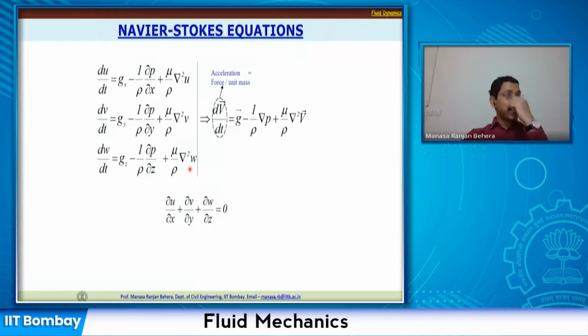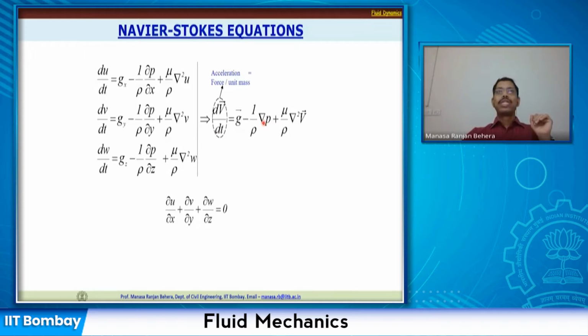All right, now you still have these three equations. If I write u, v and w in vectorial form, I'll write that as capital V, which is a vector, a combination of u, v and w in the respective directions. So I can straight away write dV by dt is equal to g, the vector in the corresponding directions, minus 1 by rho del p.